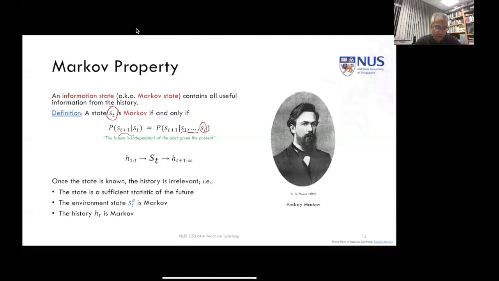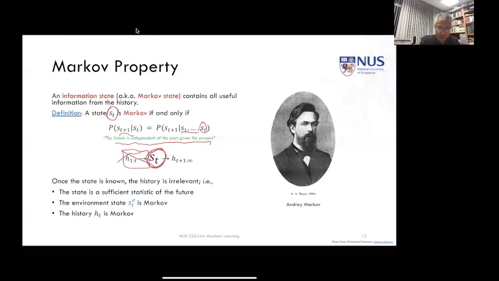So basically, we can say that the future is independent of the past given the present, meaning that I can truncate all of the information from the history, throw this away, and just represent all of that by encoding it in the current state at the time step.